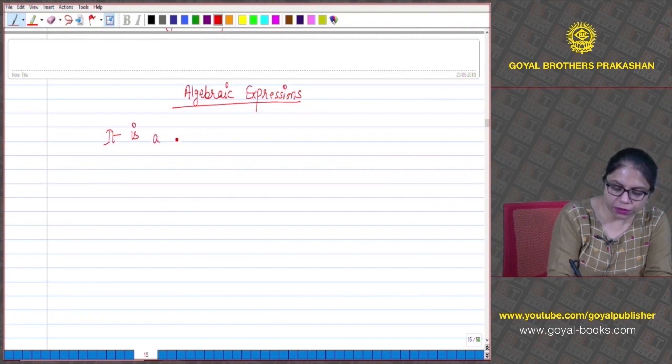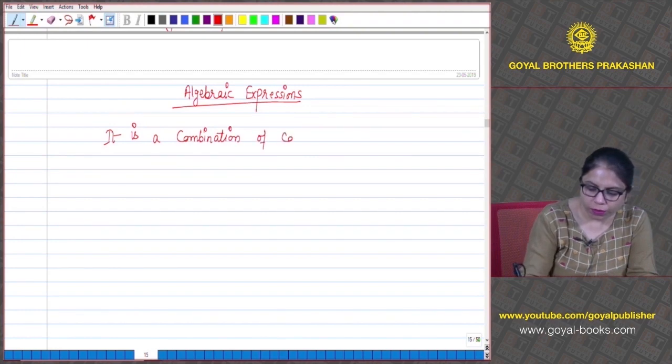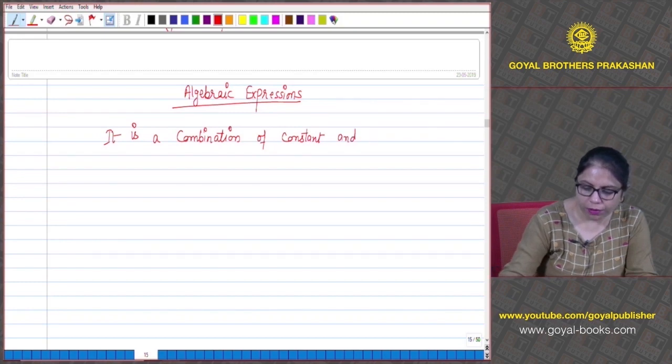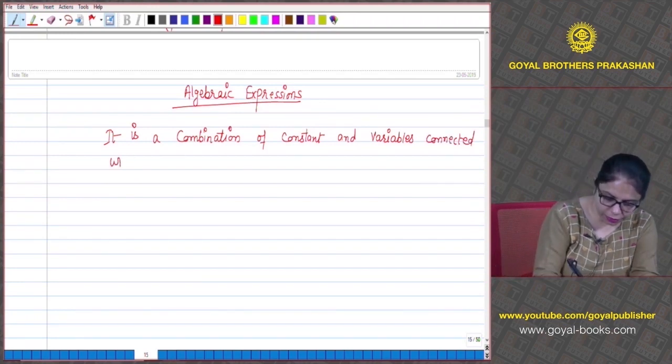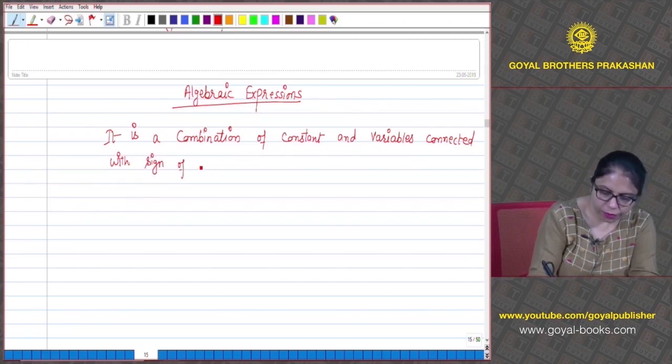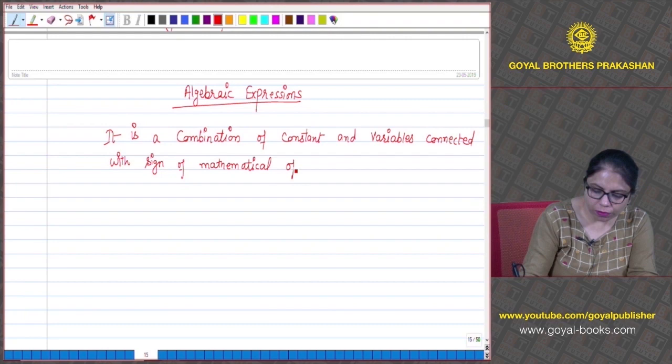Algebraic expression is a combination of constant and variable connected with the sign of mathematical operations.